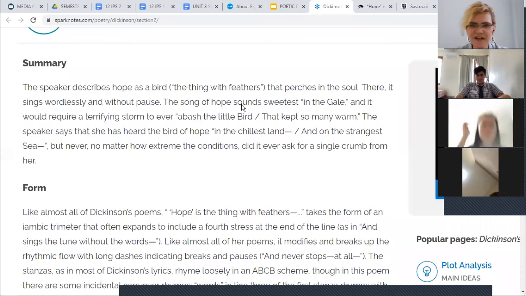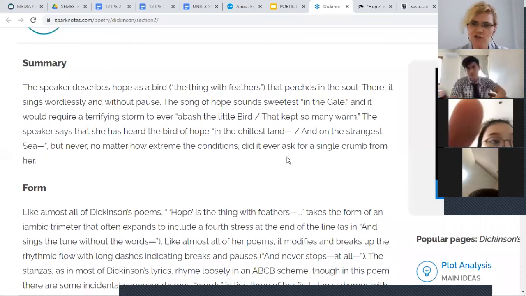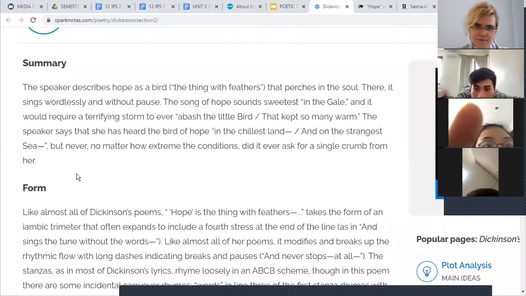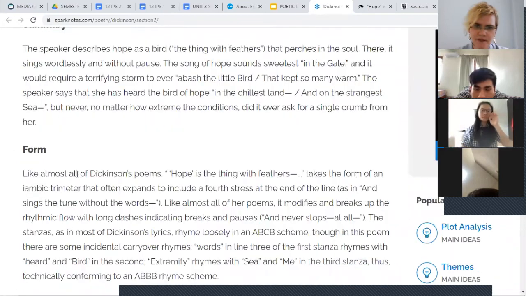Okay. So the thing with feathers is referred to as the bird, right? That perches in the soul. So this goes quite deep. Now, what form does this one have? We need to look at that. The speaker says that she has heard the bird of hope in the chillest lands.